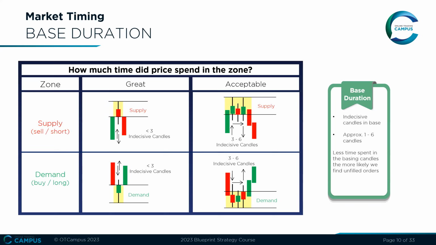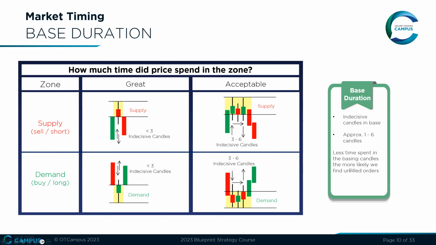The argument is that in general, the more candles you find within that base, the more time these institutions had to fill their orders, and thereby the less likelihood of unfilled orders there is within a base that has a lot of candles. That's the theory behind it. So the less time spent in the basing candles, the better.